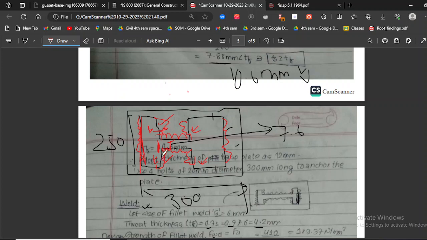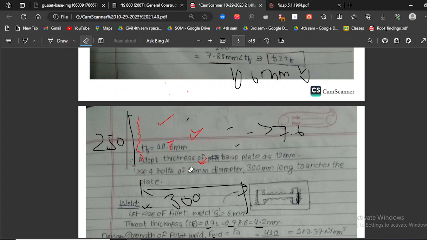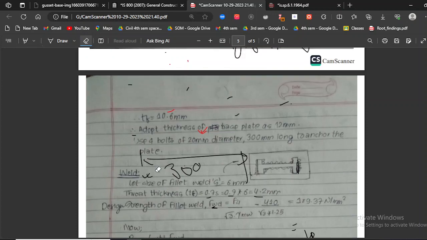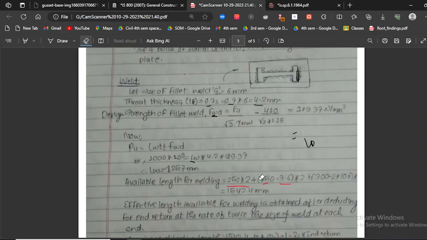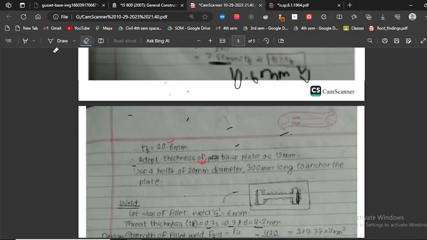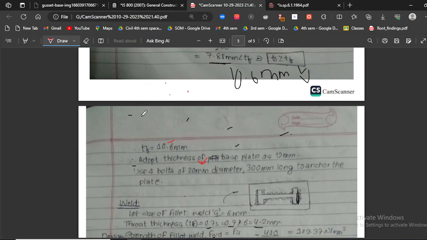So 250 minus 7.6 into 2 into 2. Hopefully you have understood this part as well. So 250 minus 7.6 into 2, and finally, okay, let me draw my figure one more time.